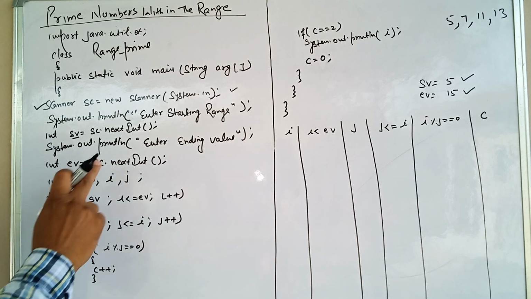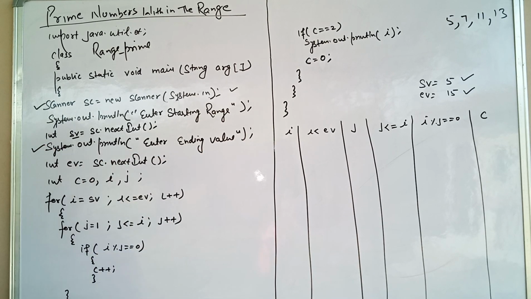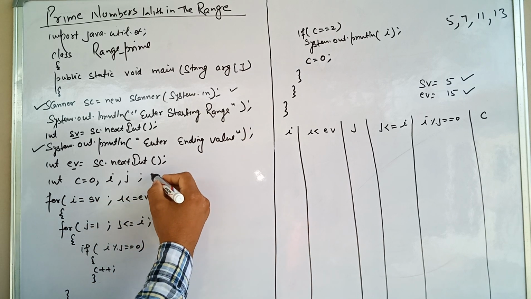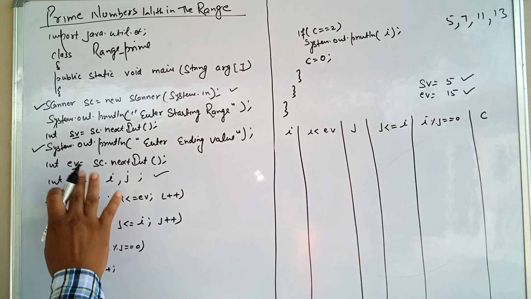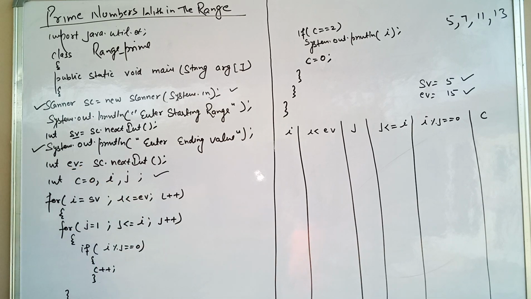Second, enter ending range, which I will store in variable EV, the ending value. These are the variables we require in the further code. That's why I have declared C is equal to 0, I and J.